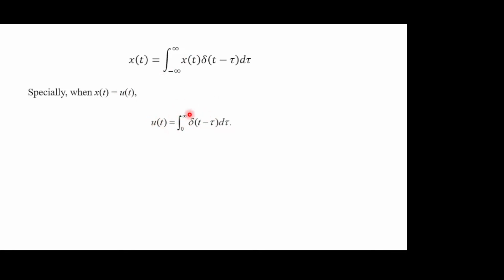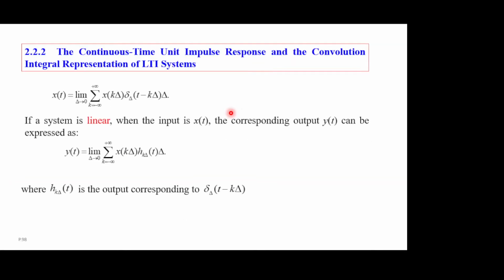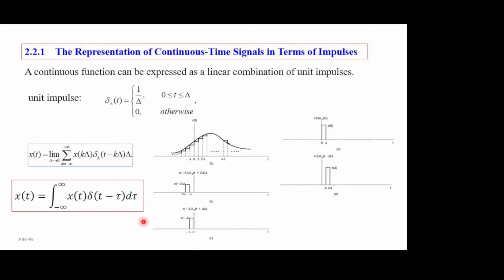And we have u of t equal to the integral from 0 to infinity of delta of t minus tau d tau. And that's one of the properties we showed when we talked about the continuous time impulse function. Okay, so that's a little digression, but that's back to our unit impulse. Okay, so I think this makes sense. Okay, so actually this is more important.